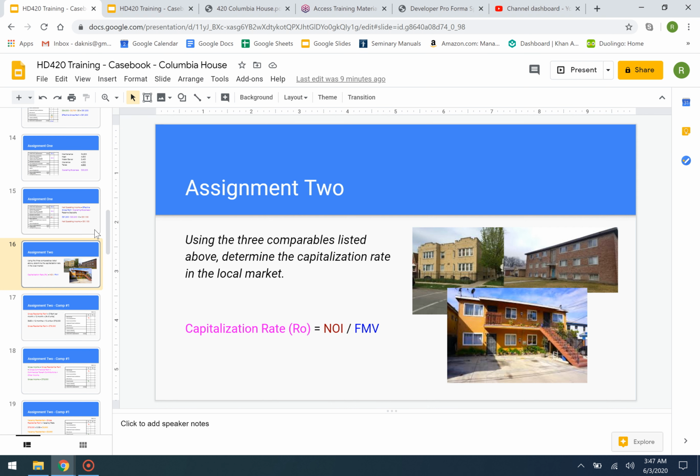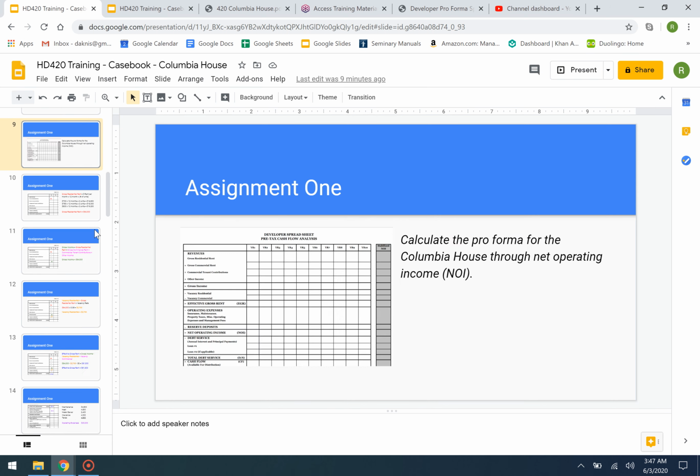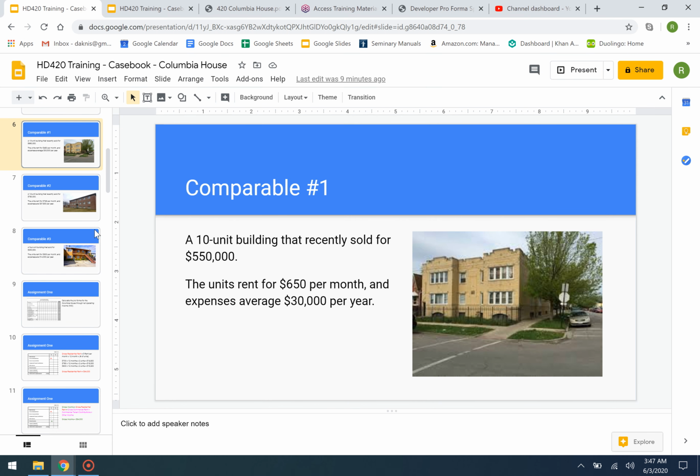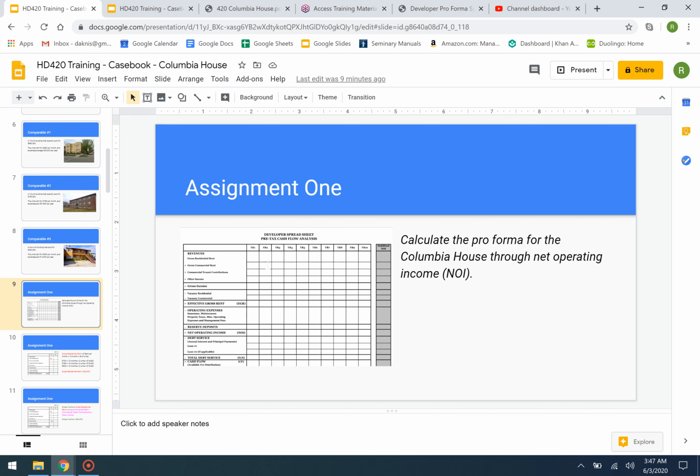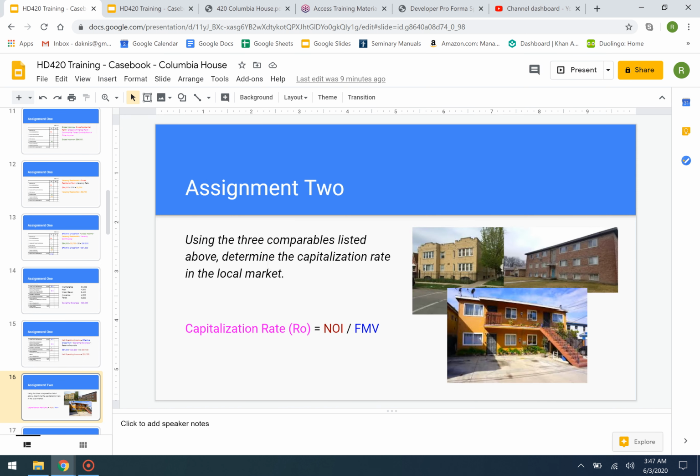If we go back up in the fact pattern to the comparables, you'll see that they sold for $550,000, $750,000, $290,000. So we already have our fair market values. So what we need to do is come up with our NOIs for each one.